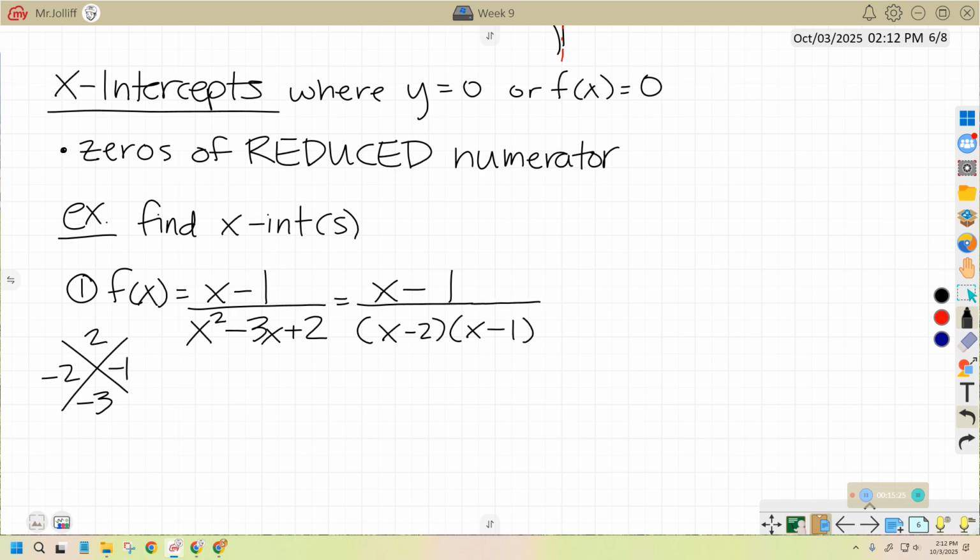So I have zeros in the denominator at 2 and 1, so asymptotes and holes there. When I reduce, x minus 1s are going to cancel. What am I left with in the numerator?